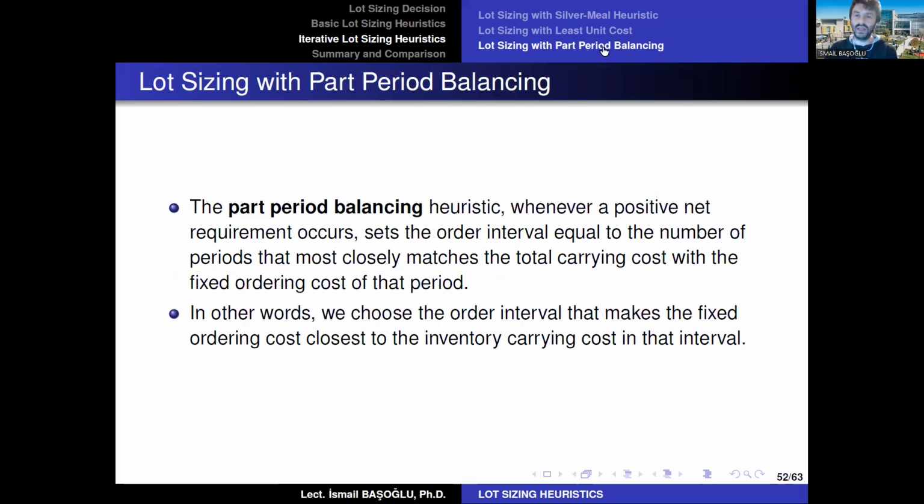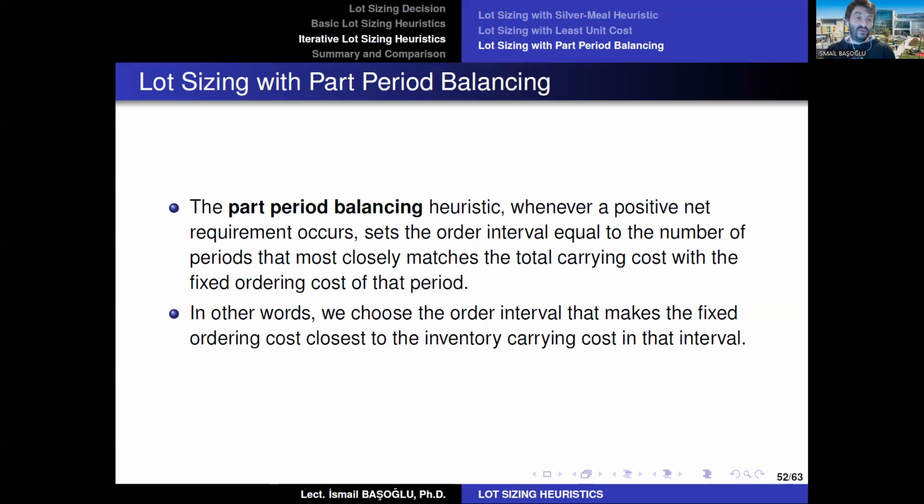Now, part period balancing is less complex compared to these methods, and it's not using an average cost idea, okay? It's not calculating an average cost. It is actually based on another concept that we have already known from the second module.